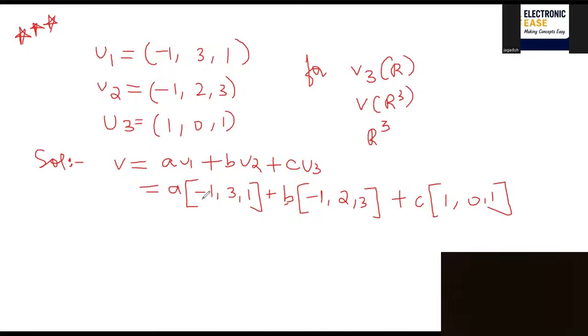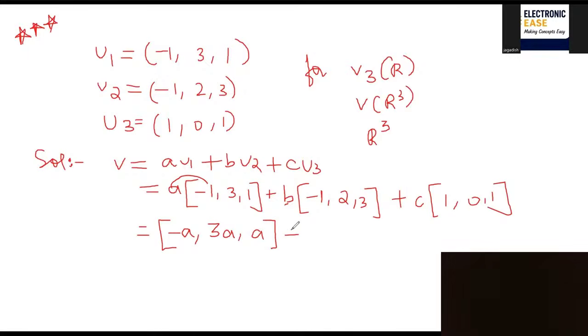Now you multiply the vectors, students. What is A into -1, children? A into -1 is -A. What is A into 3? 3A. What is 1 into A? A. Along with signs you write down.